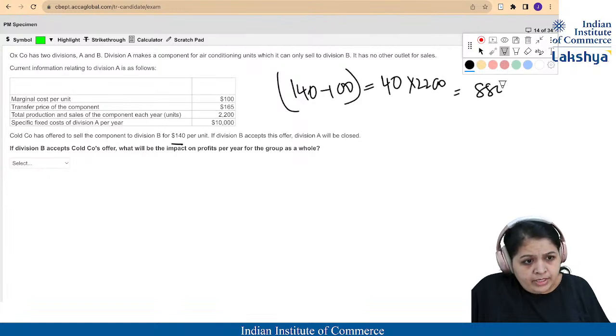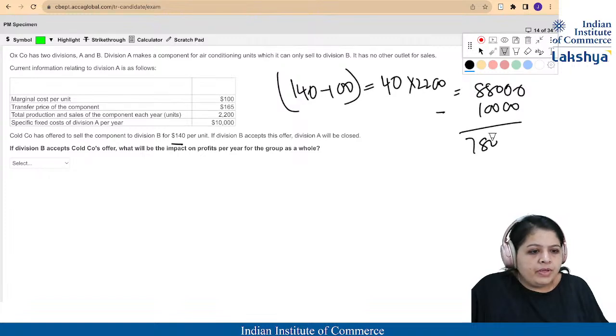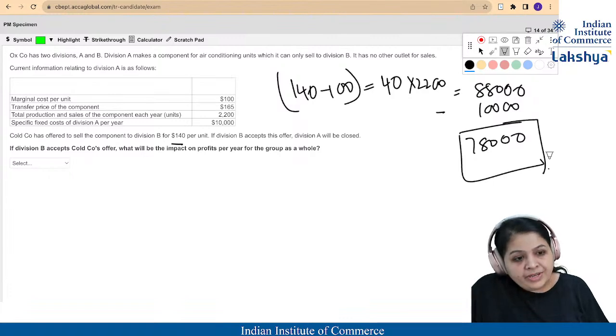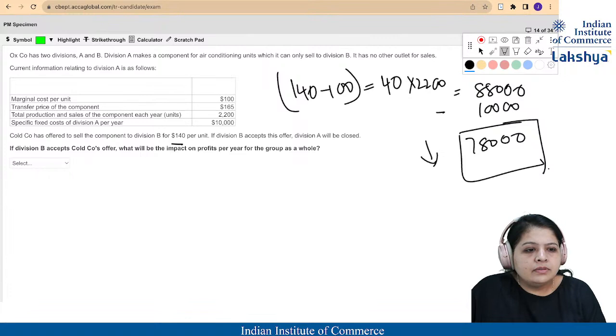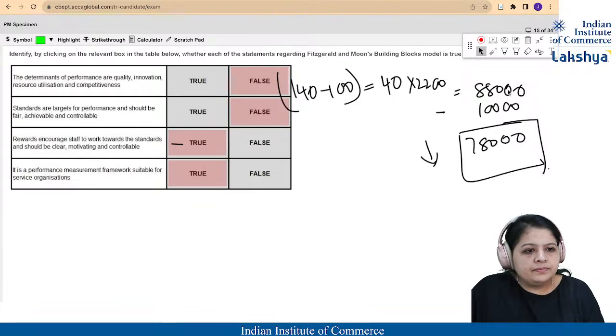So that comes to 88,000. Also, the specific cost will be reduced because if the division shuts down, you don't have to pay for it. So there is a decrease in the profit by 78,000. And then we can go to the next one.